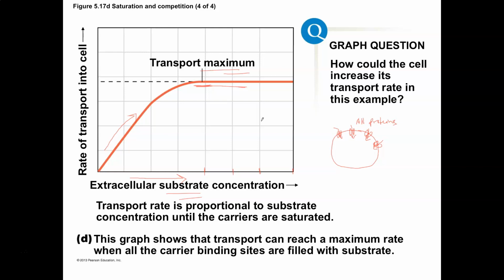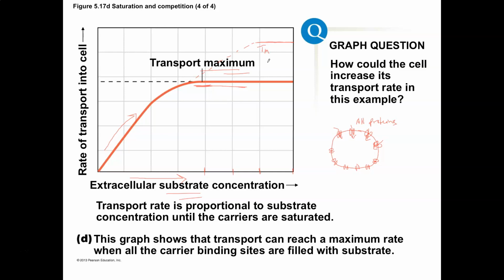In order for a cell to increase its rate of transport, the cell would have to manufacture more carrier proteins. So if we were able to put more carrier proteins in the membrane of the cell, then we could increase that rate of transport. But eventually it would plateau again, right? Eventually you would reach a transport maximum again when you utilized all those new carrier proteins. So those are concepts that you should understand when you're looking at transport processes.